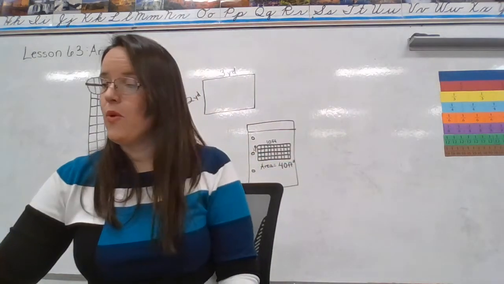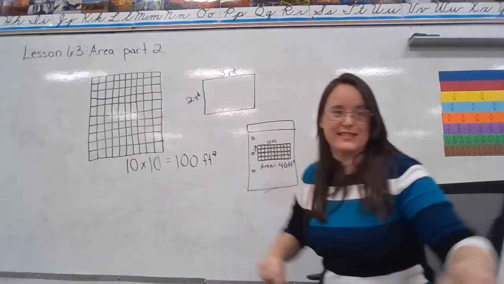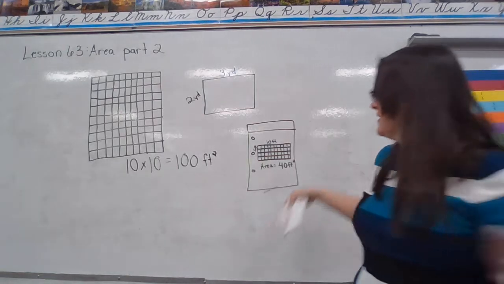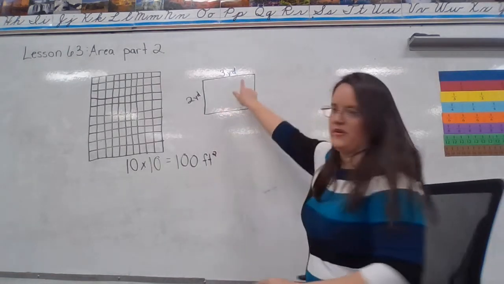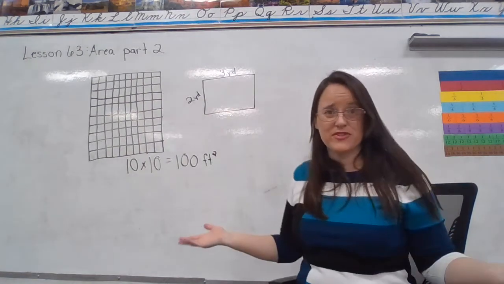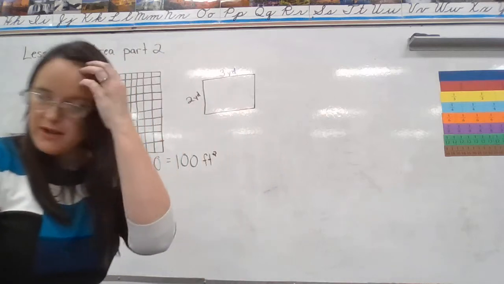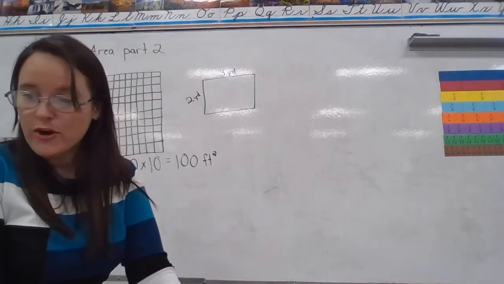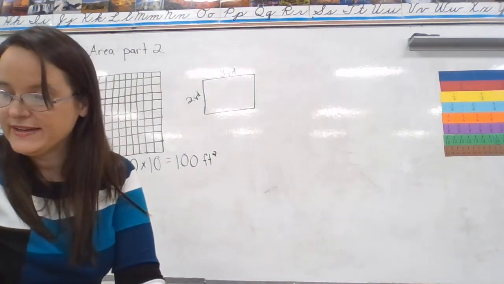Okay, we have one more example, and we're going to move on to this picture. So real quick, let me erase here. Okay, so taking a look at this picture, there's no grid, there's no little squares. The problem says, this picture shows a piece of carpet that is 3 yards long and 2 yards wide.